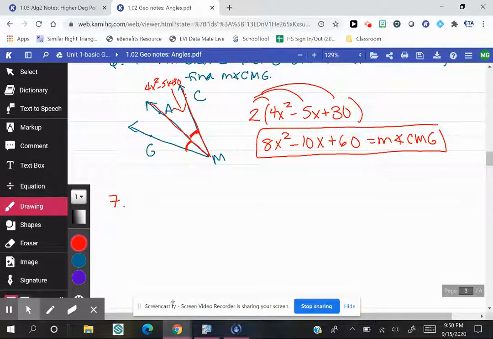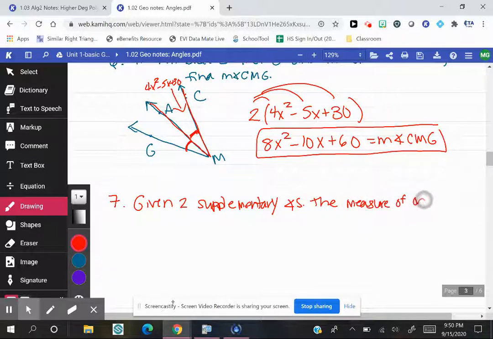Number 7, given 2 supplementary angles, the measure of one angle is 6 more than twice the measure of the other.